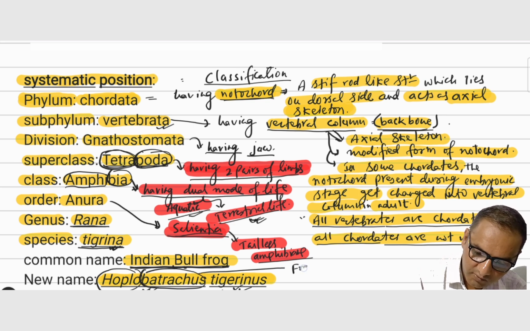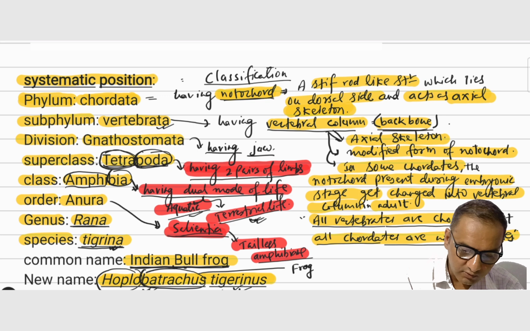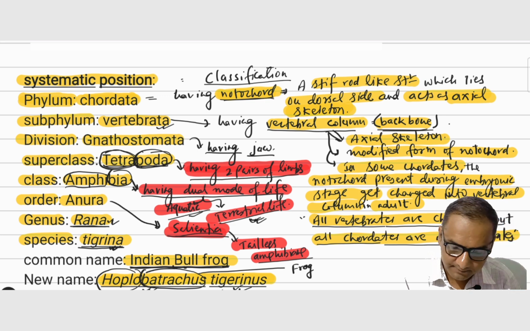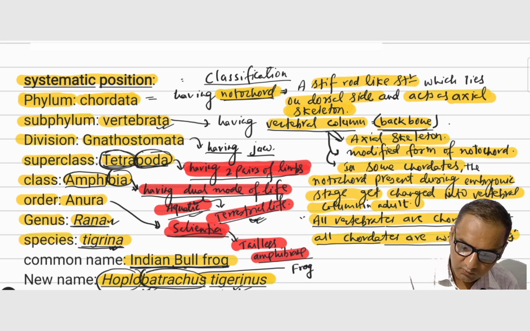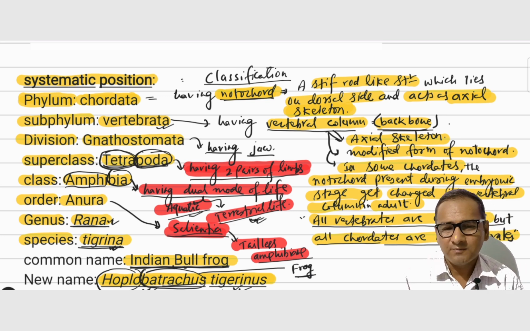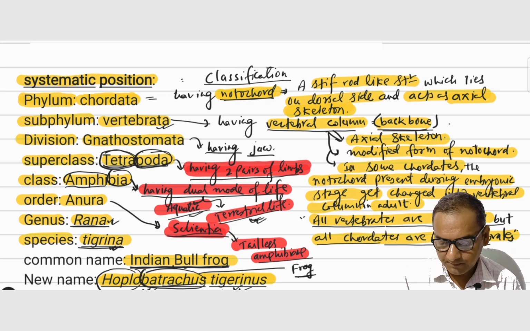Previously I told you that Rana is a Latin word. Now Hoplobatrachus is a Greek word. Hoplo means armed or weaponed, and Batrachus means frog. So in a common way, Hoplobatrachus means armed or weaponed frog. But what does it mean, sir?